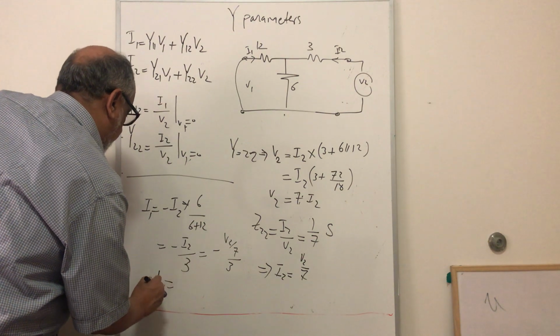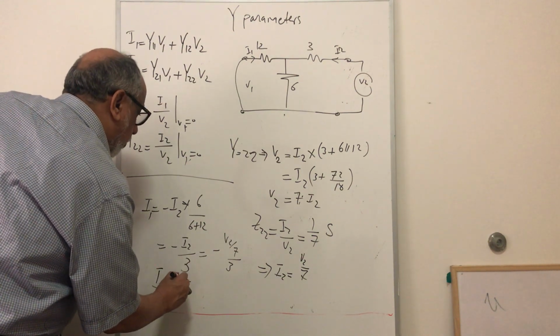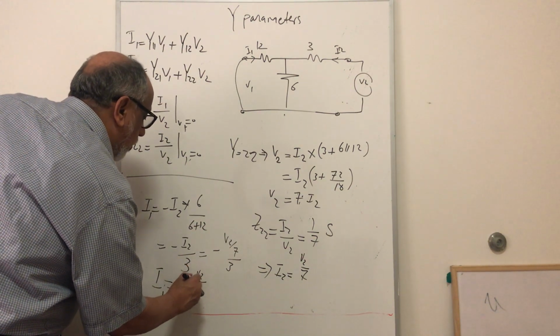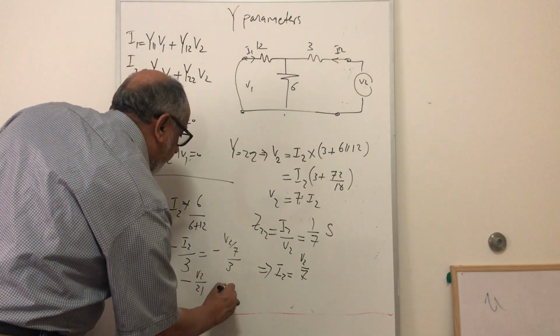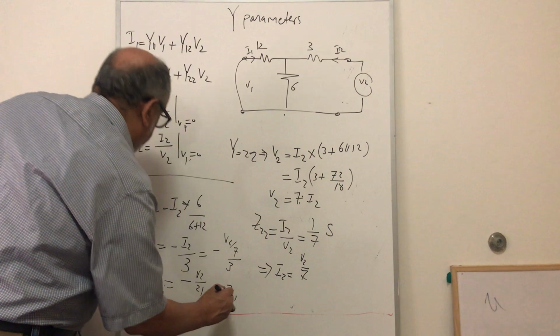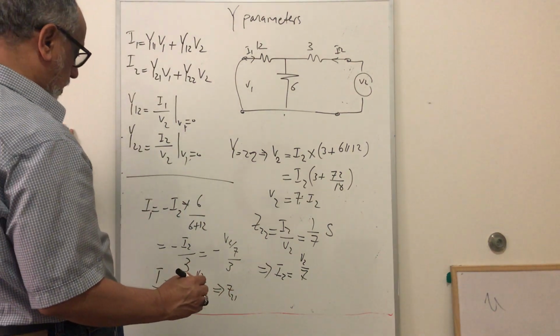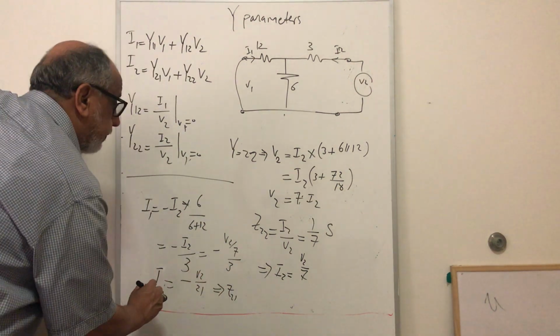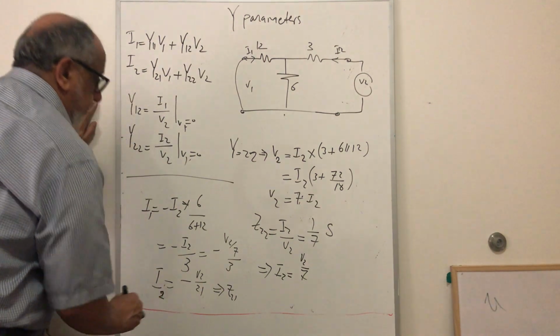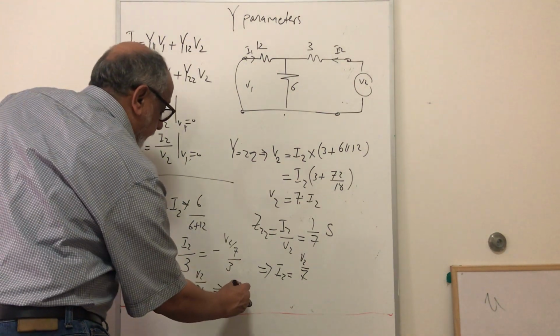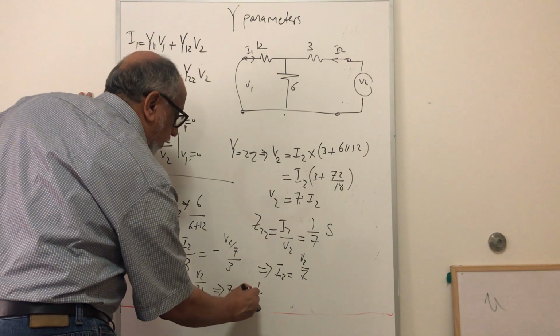So this will give me I1 is equal to minus V2 over 21, from which Z21, this I2, Z21 is equal to minus 1 over 21.